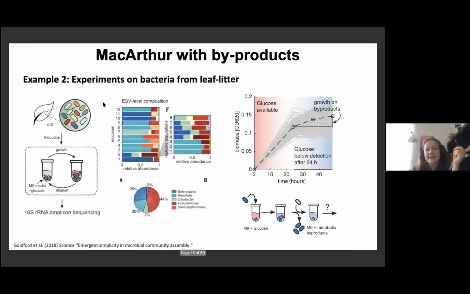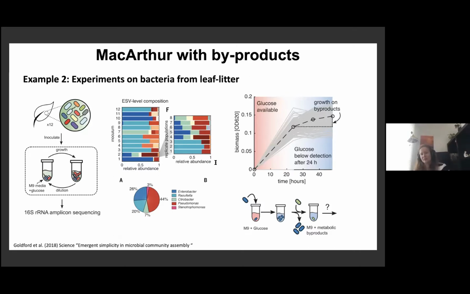Another nice paper that studied this model was published in Science in the same year. That paper was super cool, because they actually tested experimentally that on a single carbon source, you will have a pretty high diversity of species.